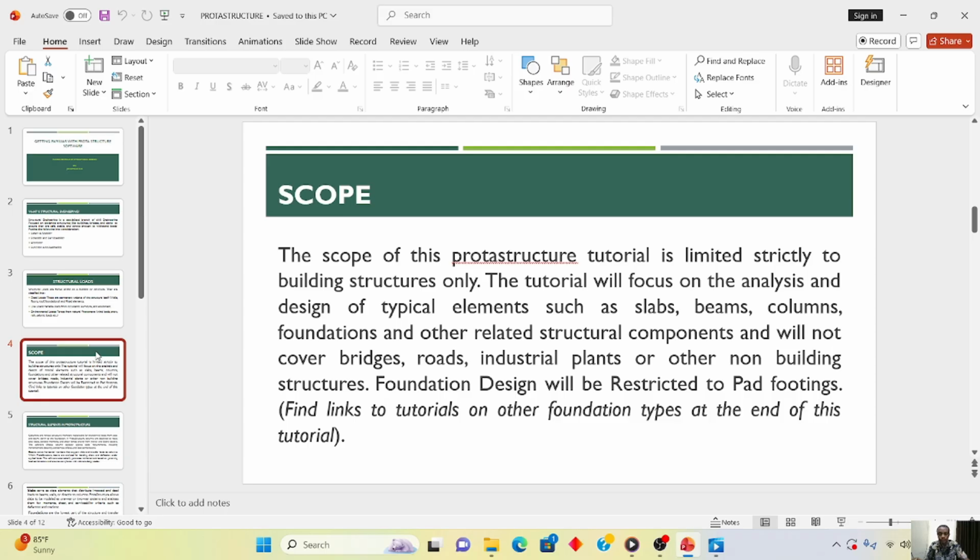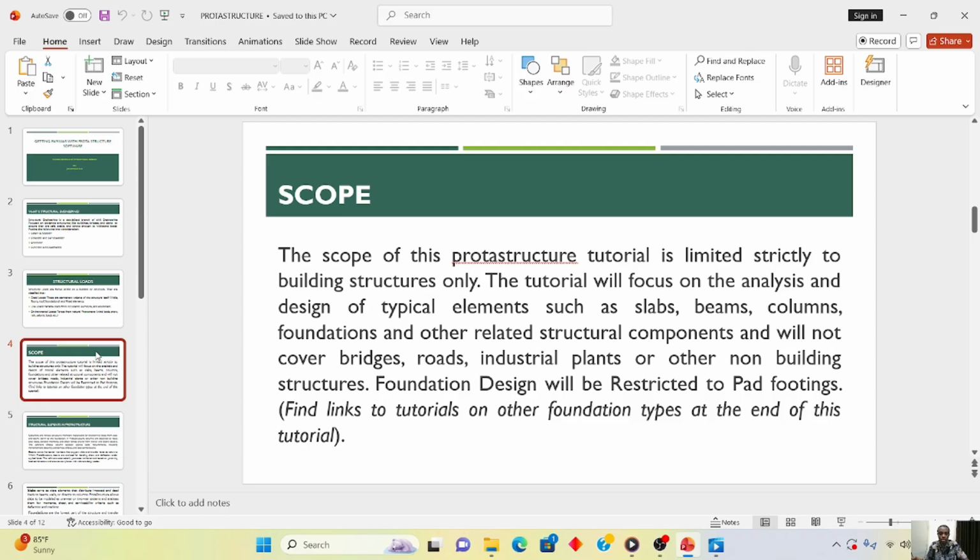Okay. Now, Protastructure can also be used to do other kinds of design, like maybe for plants or other non-building structures. But particularly for this tutorial, we'll be restricting it to building structures.